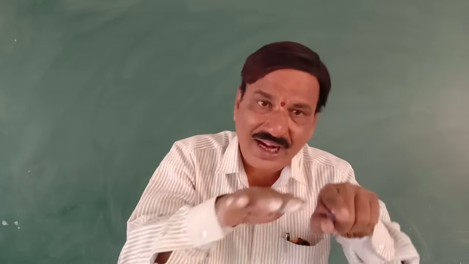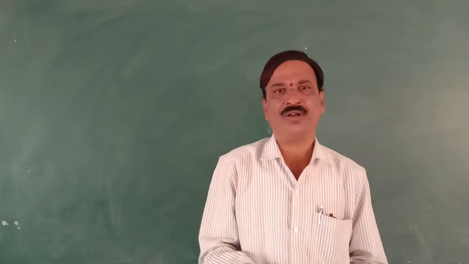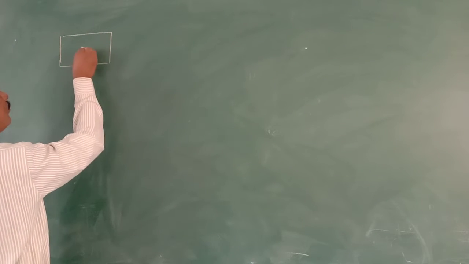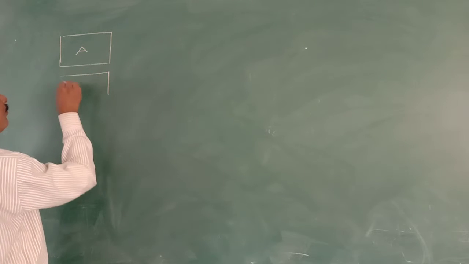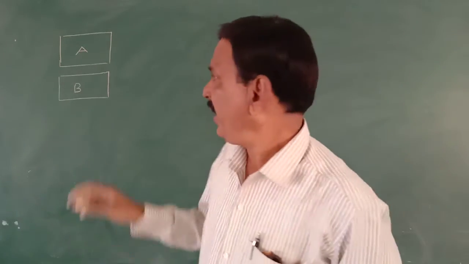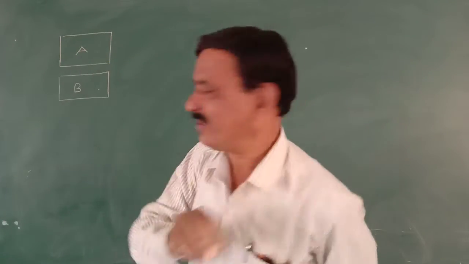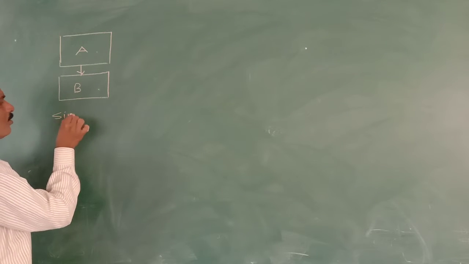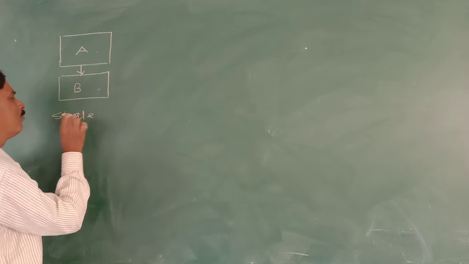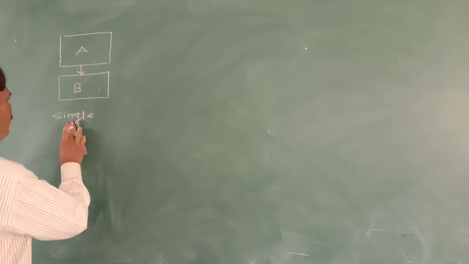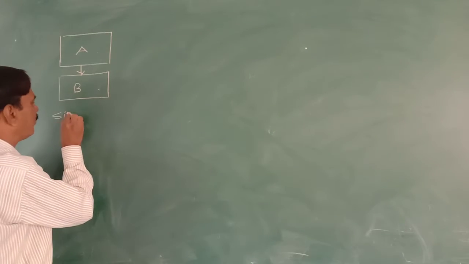So there are different levels of derivation. For example, let here be a class A and let here be a class B. So a class can be derived from a class. It is called single inheritance.